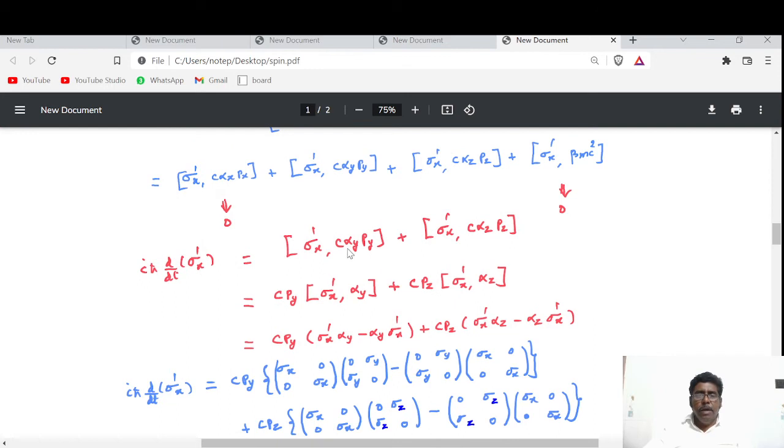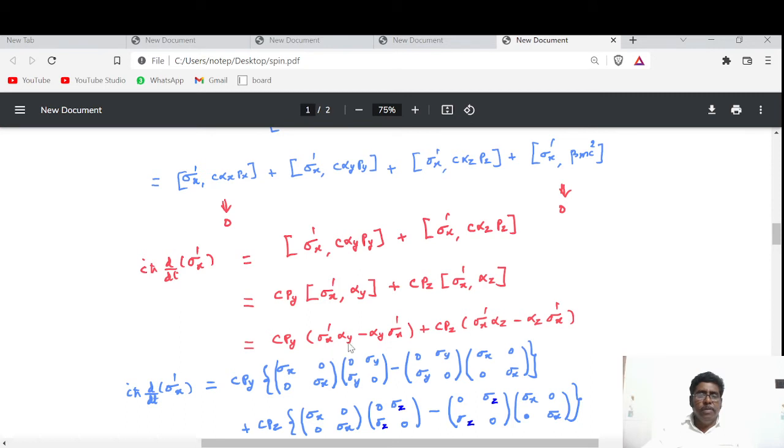Here alphas are expressed in sigmas, so take Cpy outside. Cpy into [sigma x dash, αy] plus Cpz into [sigma x dash, αz]. But in equation A, we have taken out alpha and p, but here we have to take C and p. Then expand this term, sigma x dash αy.